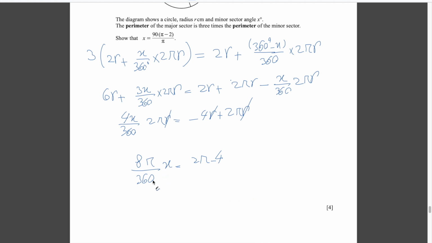So I multiply in order to make x the subject, 2 pi minus 4 times 360 divided by 8 pi.